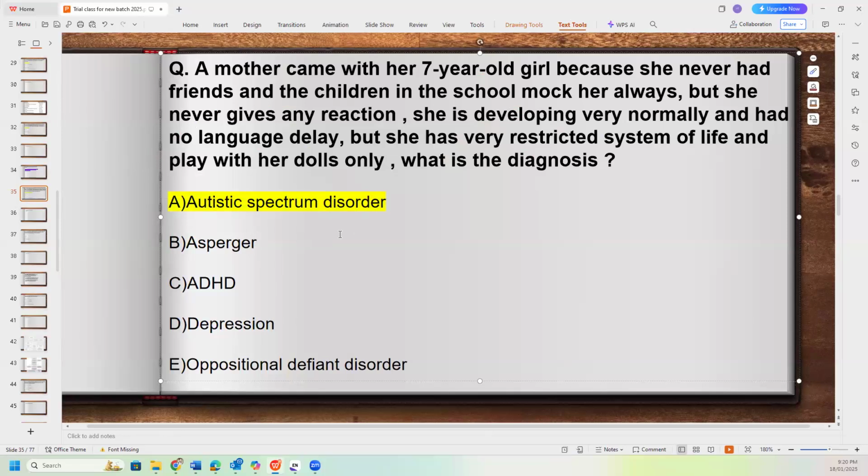This is not an isolated syndrome anymore. It's not used as an isolated term. It comes under autistic spectrum disorder, and it's an obsolete term. We don't use the word Asperger syndrome anymore. It is either on the spectrum or not.